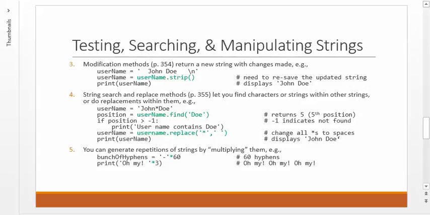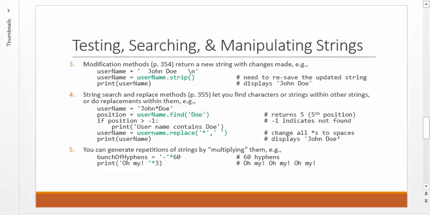And then to find out where Doe starts within the name, we say position, a variable, equals username.find, and then in the parentheses, the parameter it requires is what you want to find. So it says look in this string, username, and see if you can find the word Doe in that. If it can, it'll return what position it found it at. If it doesn't find it, it'll return a -1.